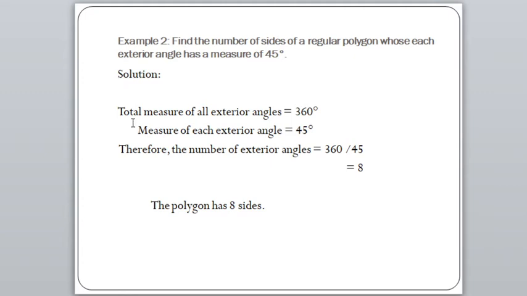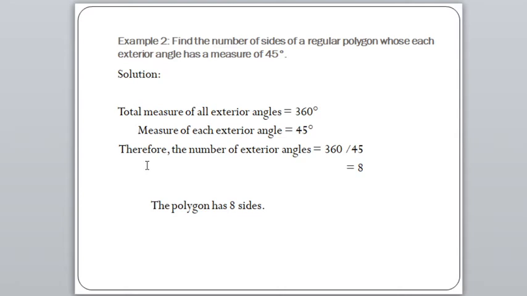So the solution: we know that the total measure of all exterior angles is 360 degrees, and the measure of each exterior angle is given, that is 45 degrees. Therefore the number of exterior angles: if the total measure is 360 degrees and each angle is 45 degrees, if we divide 360 by 45, we will get how many sides are present there.